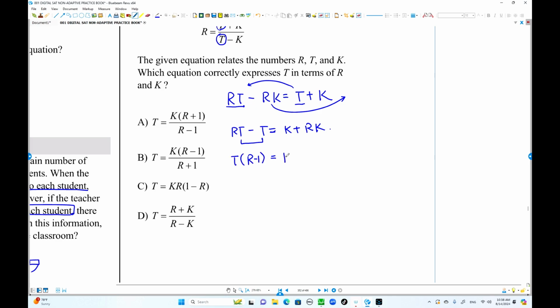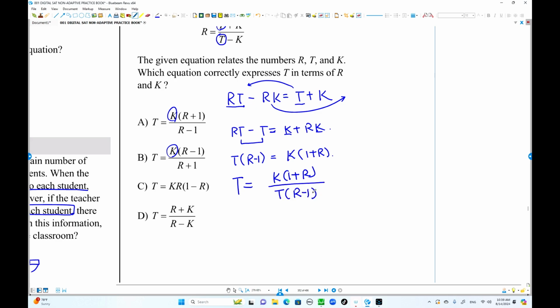First, K times, this is also a common factor, right? Or K plus RK, factored over here. I'm going to take K out, 1 plus R, isn't it? So what is the value of T? T equals K times (1 plus R) over (R minus 1).